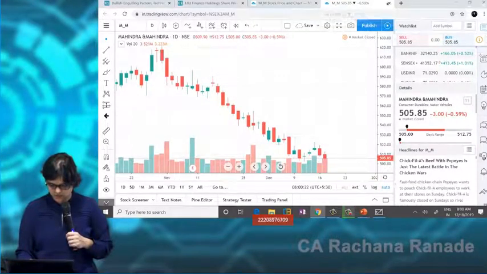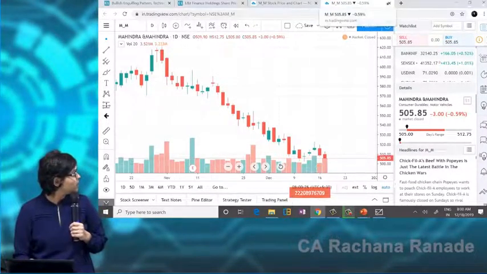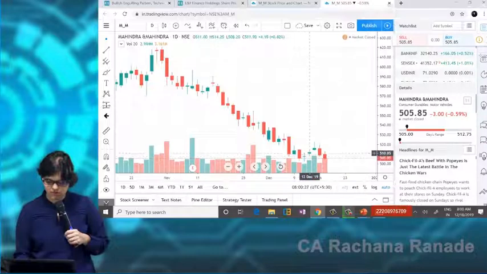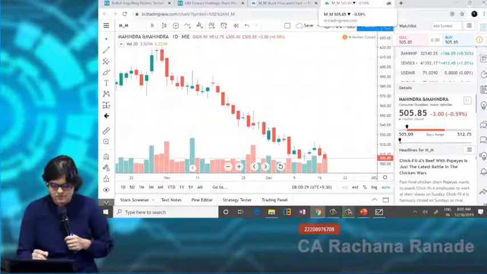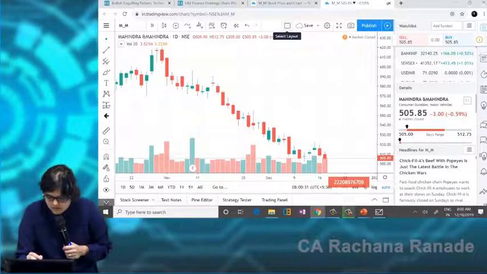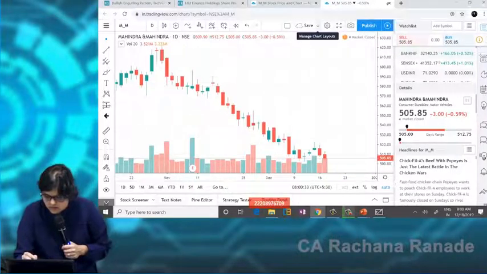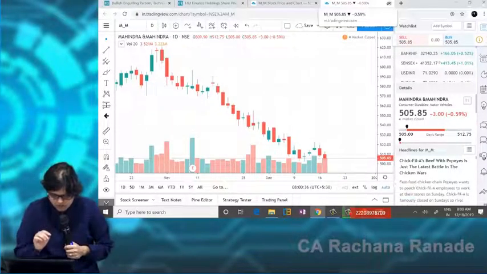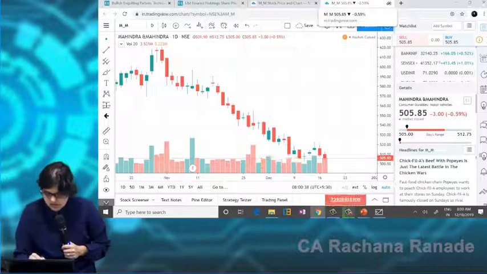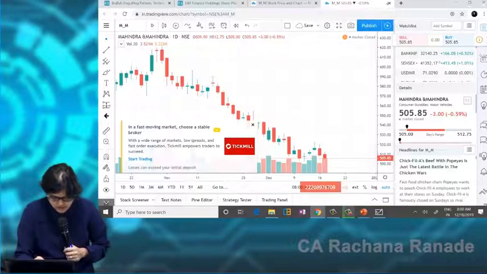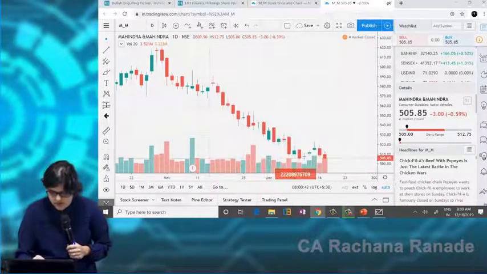Just check this out. 1, 2, 3. Is this select layout? I've never drawn a rectangle on this chart. The paid version, it comes out right here. Where is it?